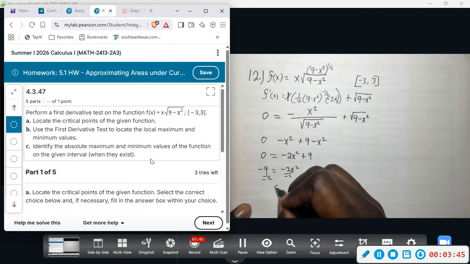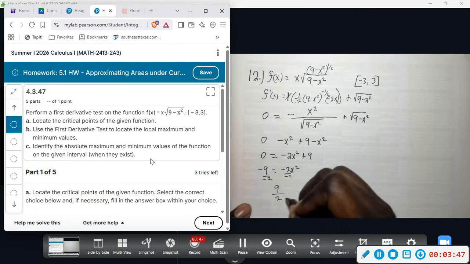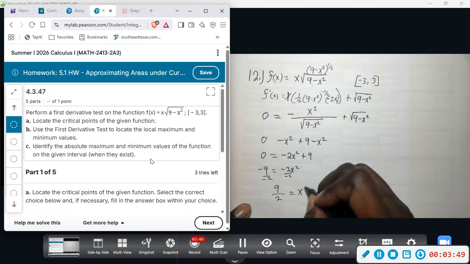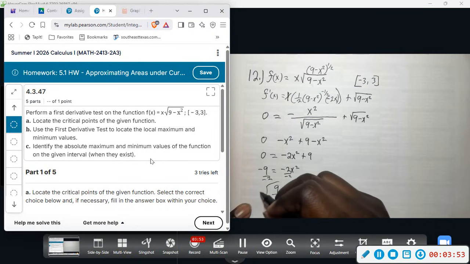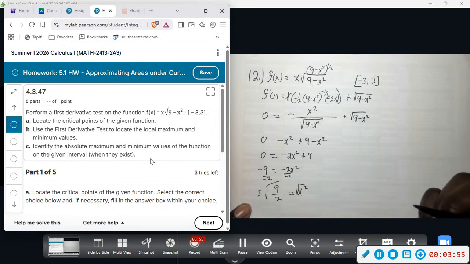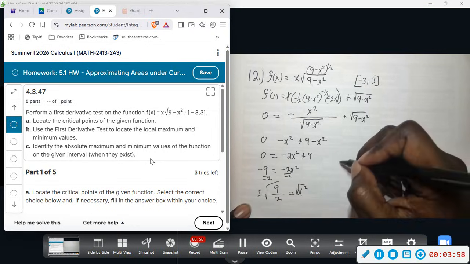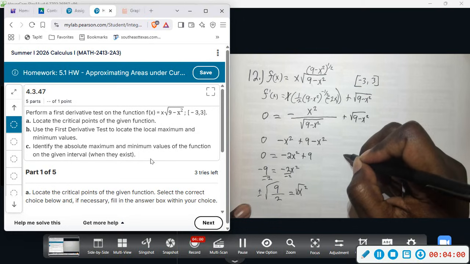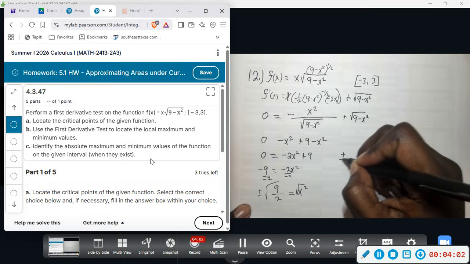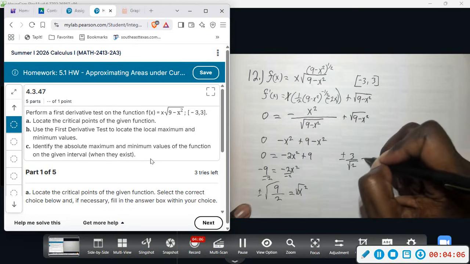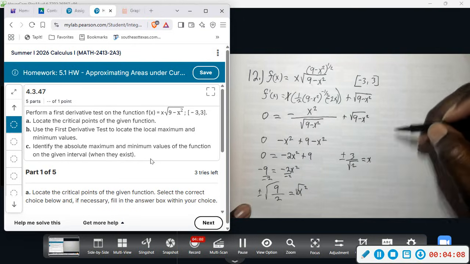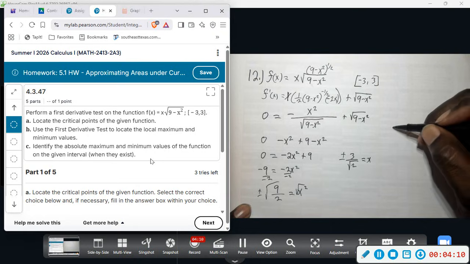And that will give me 9 over 2 equals x squared. And then we would take the square root of both sides, which will give me a positive or negative. And we can say positive or negative 3 over the square root of 2. All right, so these will be our 2 critical values.